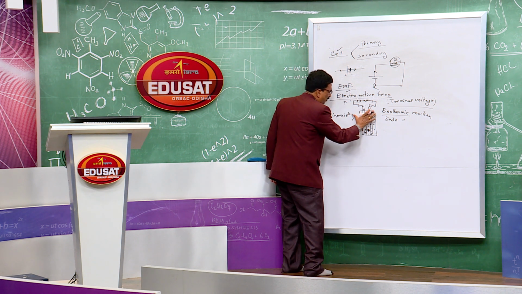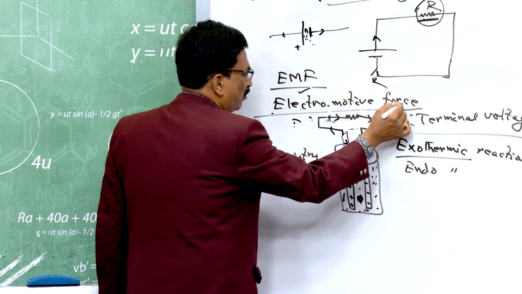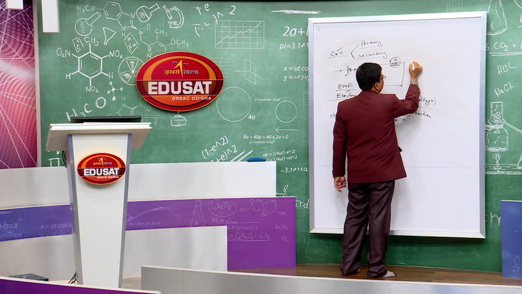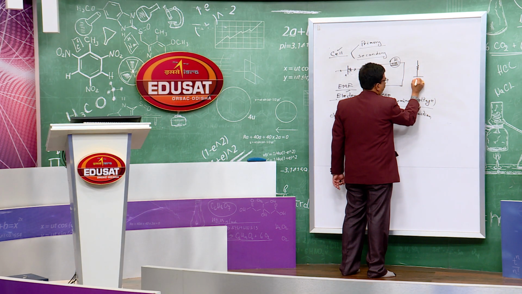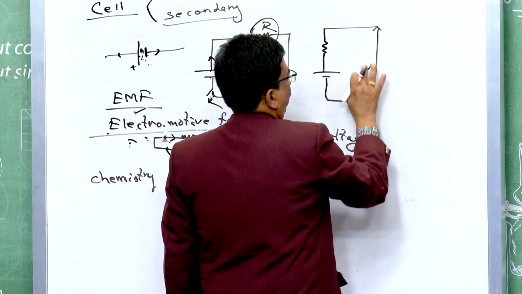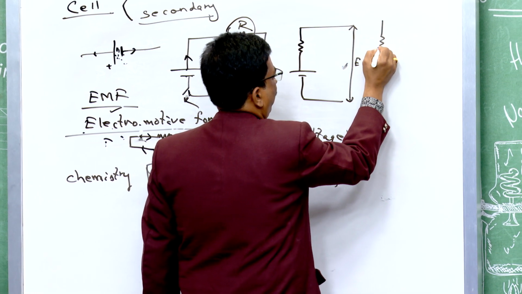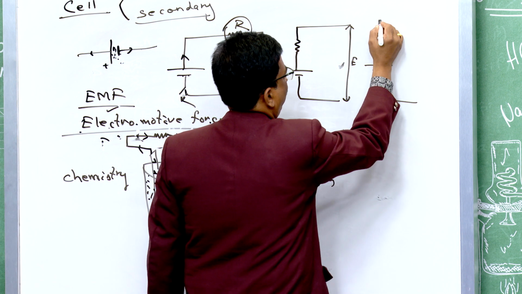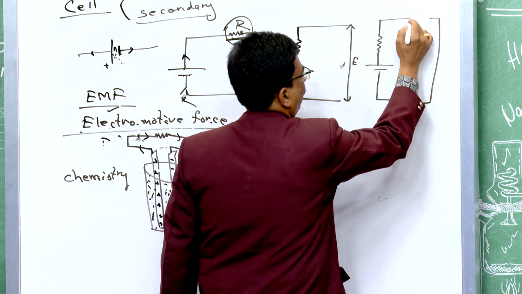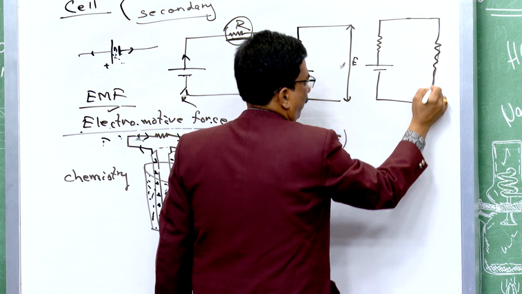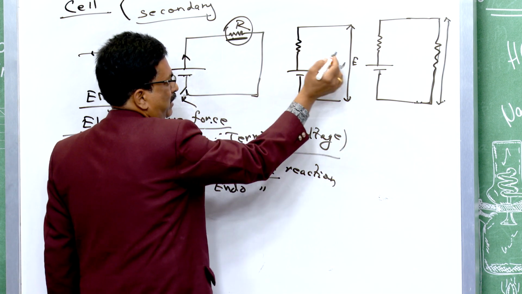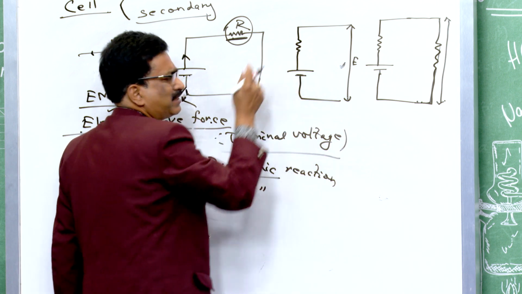Therefore, when it is not operated, that is known as the electromotive force. After operation, what it provides is the potential difference. Here is the battery and here is the internal resistance.